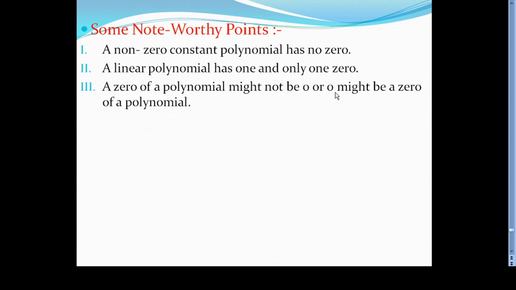See what happens, 0 can be a zero of a polynomial or it cannot be. That means if we substitute the value 0 at the place of the variable, the whole polynomial may become equal to 0. Now, a polynomial can have more than one zero. Yes, it can have more than one zero. That means we can have more than one value which, when substituted at the place of the variable, results in p(x) equal to 0.